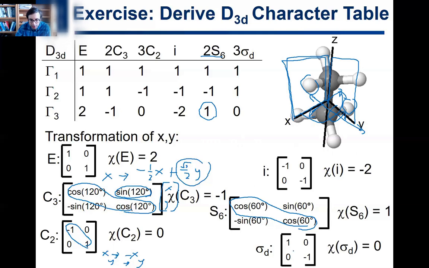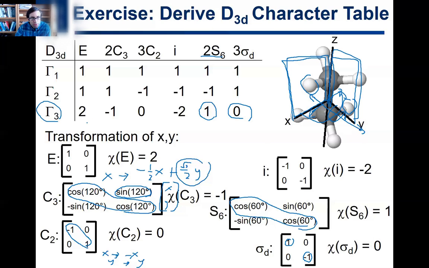It contains the x vector, so you have a 1 here, and y would change. You have a -1 there. If you did this other plane here, you'd have a -1 here and a 1 there. But in both cases, you have a 1 and a -1. You add those up to get your trace, you get a 0. And so that's why you have a 0 here. So that was all just trying to figure out this one character here.